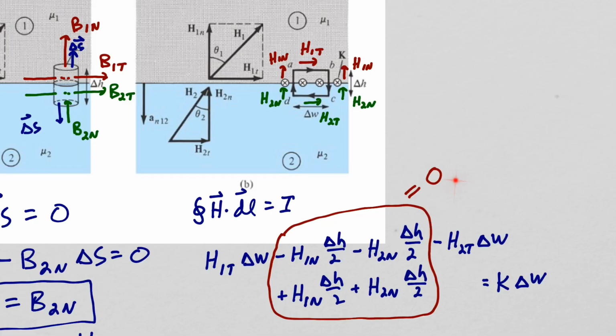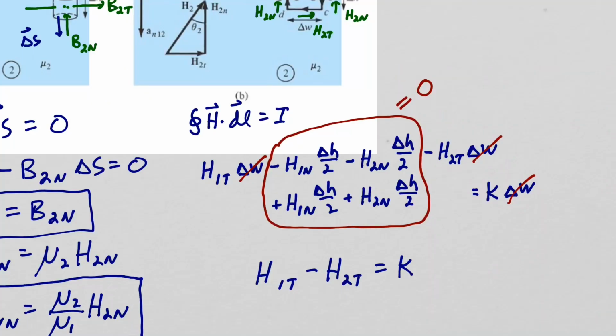We can now divide both sides of our equation by delta W. So we're left with H sub 1 tangential minus H sub 2 tangential is equal to our surface current density.